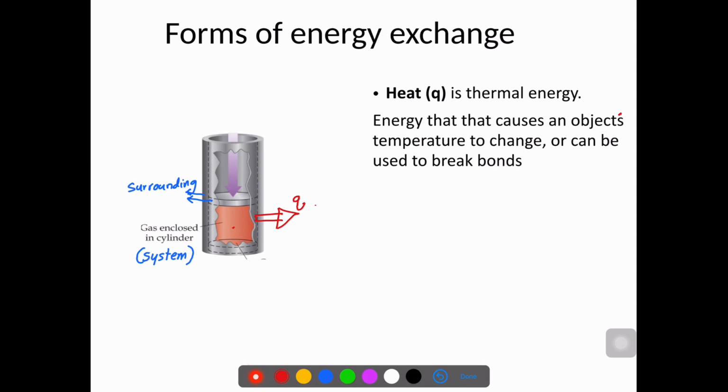If the system is losing heat, then Q is negative, because losing heat causes the internal energy of the system to drop.